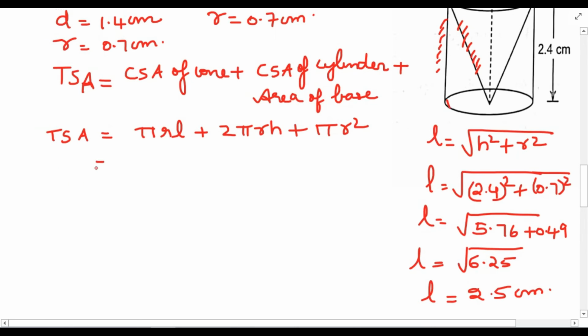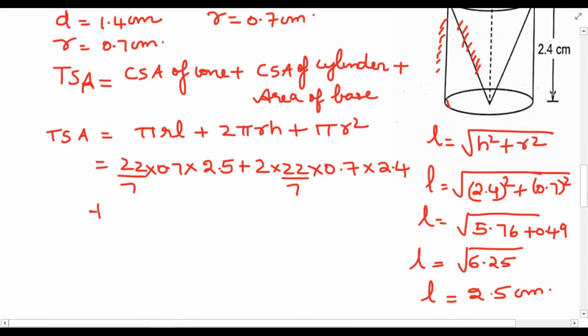So we got the slant height now. 22 by 7, r is 0.7, slant height is 2.5, plus 2 into 22 by 7, radius is again 0.7, height is 2.4, plus pi r square, again 22 by 7, r square is 0.7 the whole square. So the CSA of the cone will be 5.5.